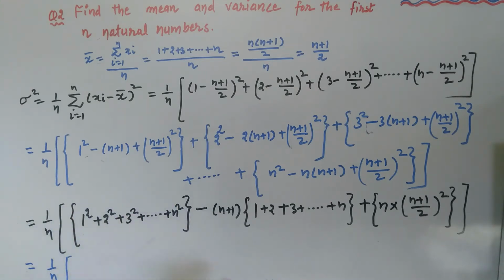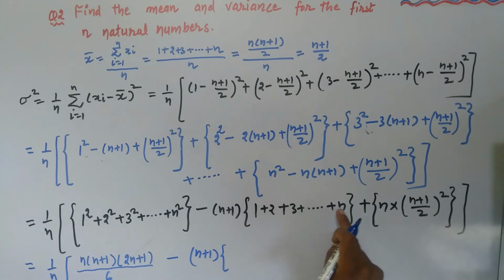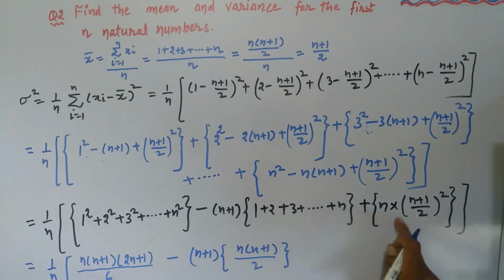First bracket: the sum of the squares of n numbers is n into n plus 1 into 2n plus 1, whole divided by 6. In the second bracket, minus n plus 1 into again 1 plus 2 plus 3 and so on up to n. The formula is n into n plus 1 upon 2, right? In the third bracket we have n into n plus 1, whole square, upon 4.